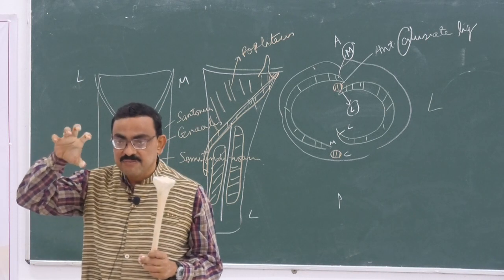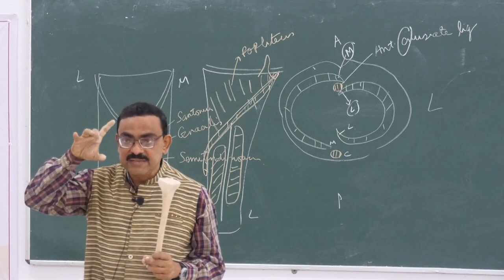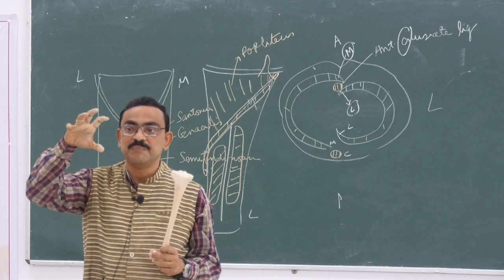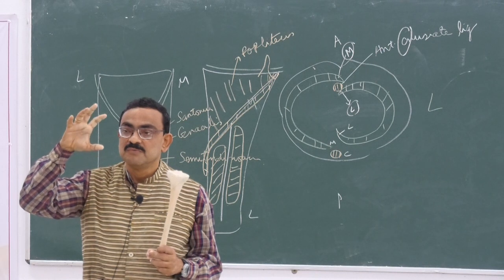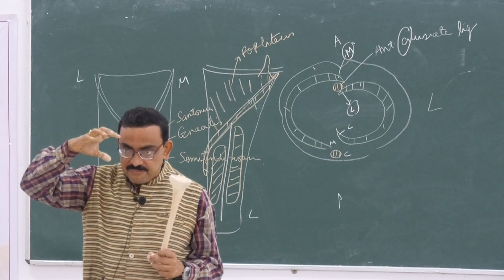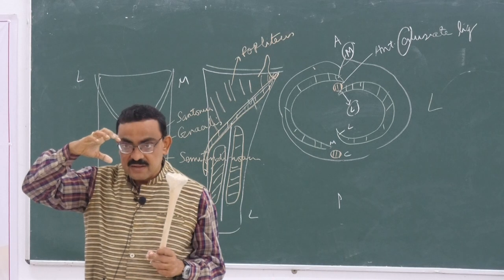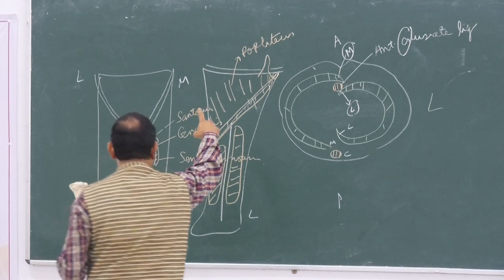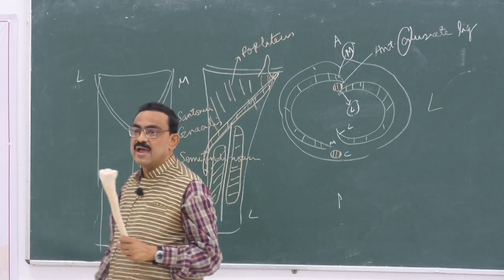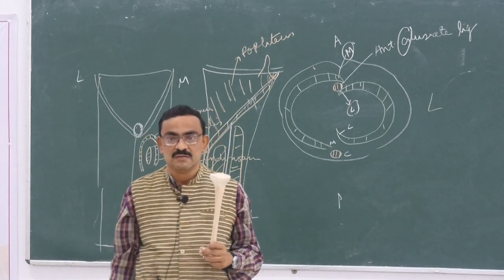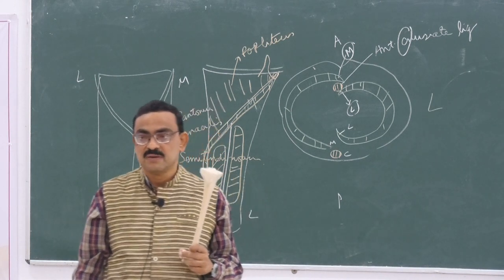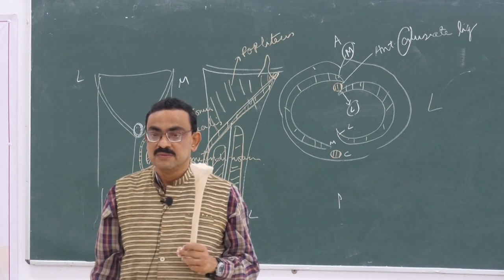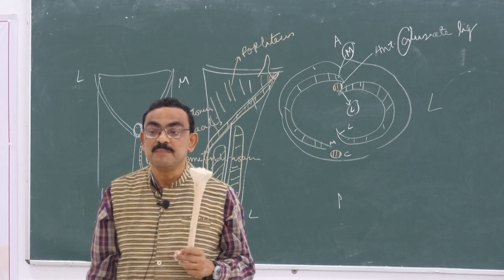Flexor means flexion of digits. Digits means the fingers of the foot. It comes from a long area and is attached to the tip of the toes. So it is called flexor digitorum longus.